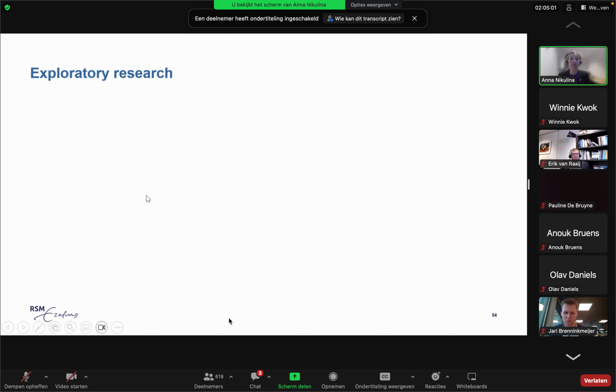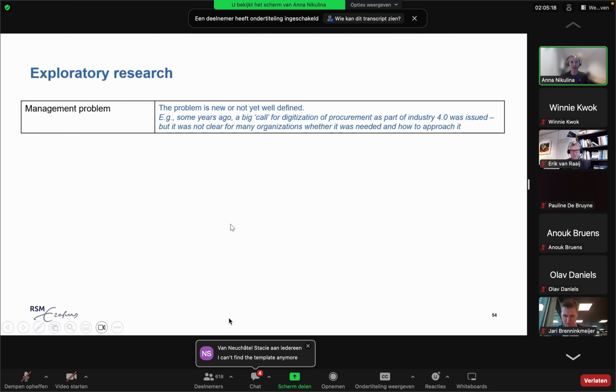So let's start with exploratory research, because again, we are moving really from the starting point to the most advanced in terms of what knowledge you need there to generate a certain type of knowledge as a result. So exploratory research can deal with problems that are very new or not well defined.